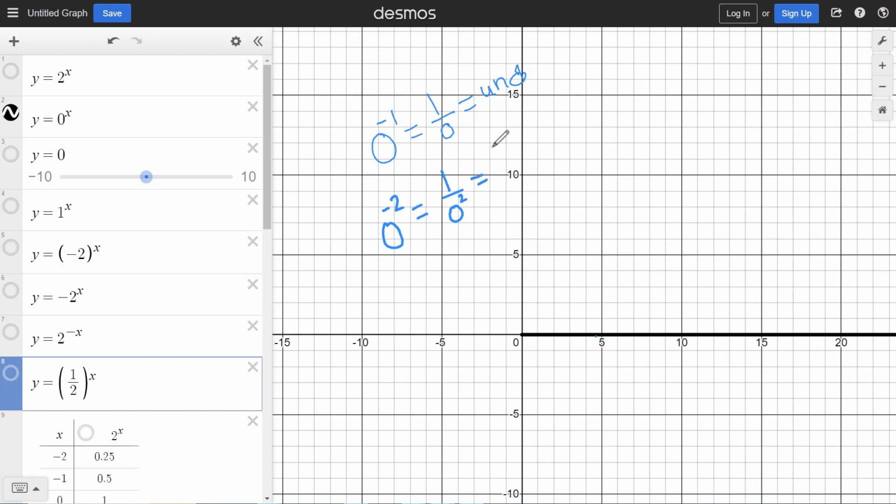And 0 squared is 0. So I'm going to end up with a 0 on the bottom again, which is going to be undefined. So what's happening here is I have an open circle at (0, 0), making it look like a closed circle, but it is an open circle. And then I basically have a ray going. And that's not going to be exponential.